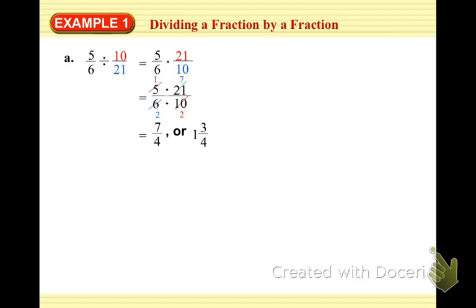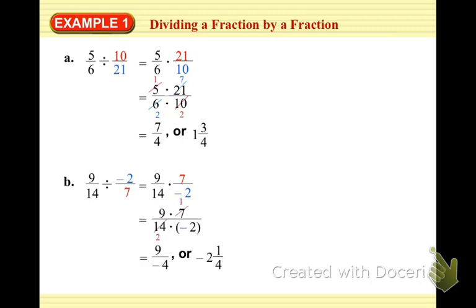If your answer is improper, change it to a mixed number. Let's try this one. 9 over 14 divided by -2/7. Remember to keep, change, and then find the reciprocal of the second fraction. Divide out any common factors and multiply. Our answer would be -2 1/4.